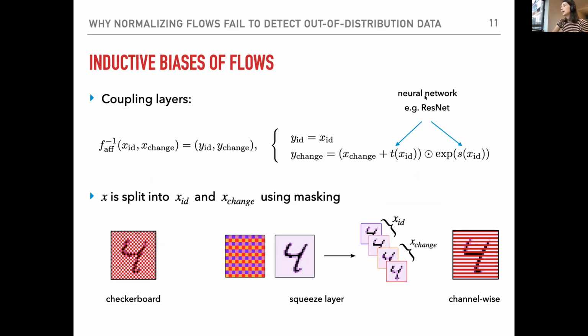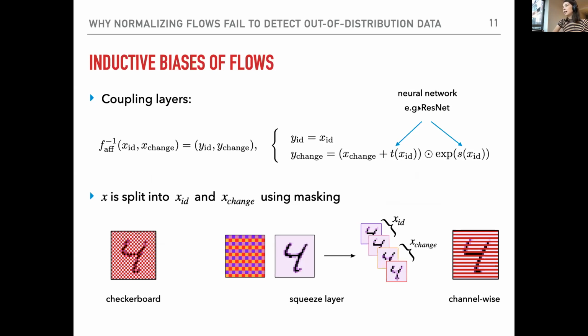And this network does not have to be invertible. So it is sort of the only nonlinear part in the flow, in this RealNVP flow. We don't have to make any restrictions on it, and it's usually a non-invertible network that is used inside the coupling layer.